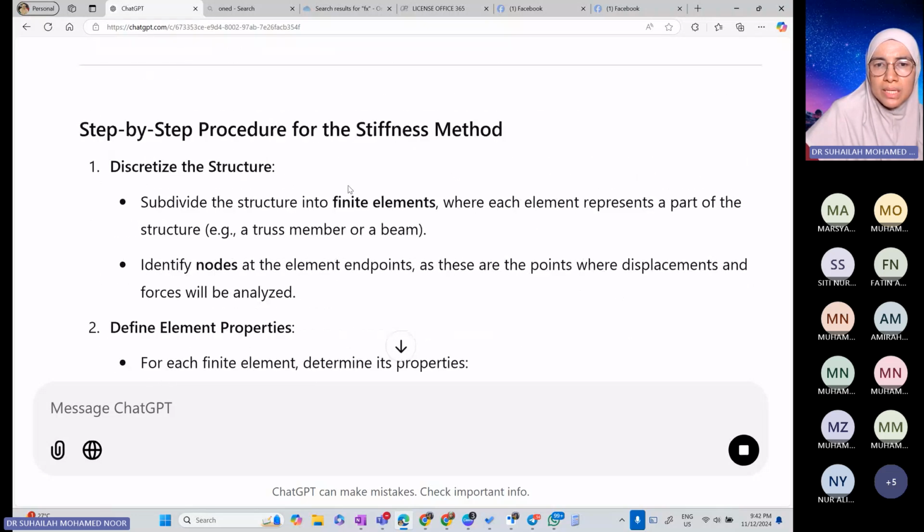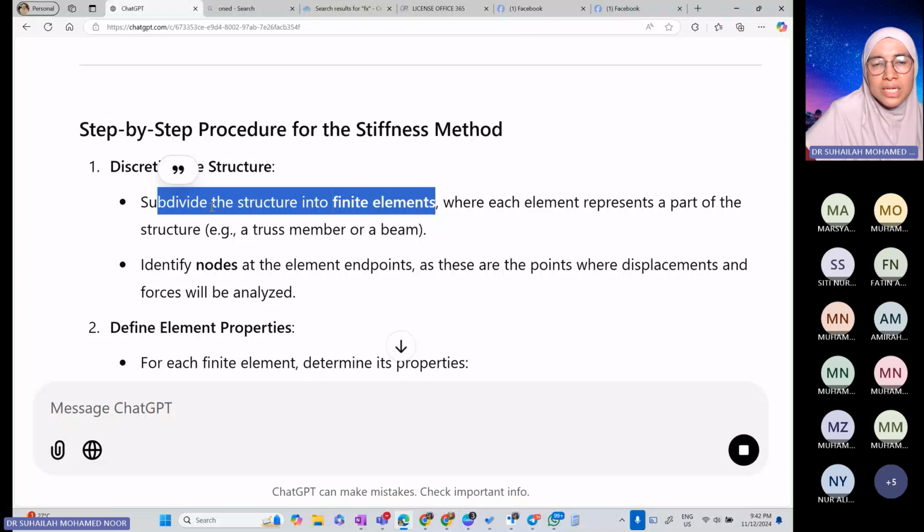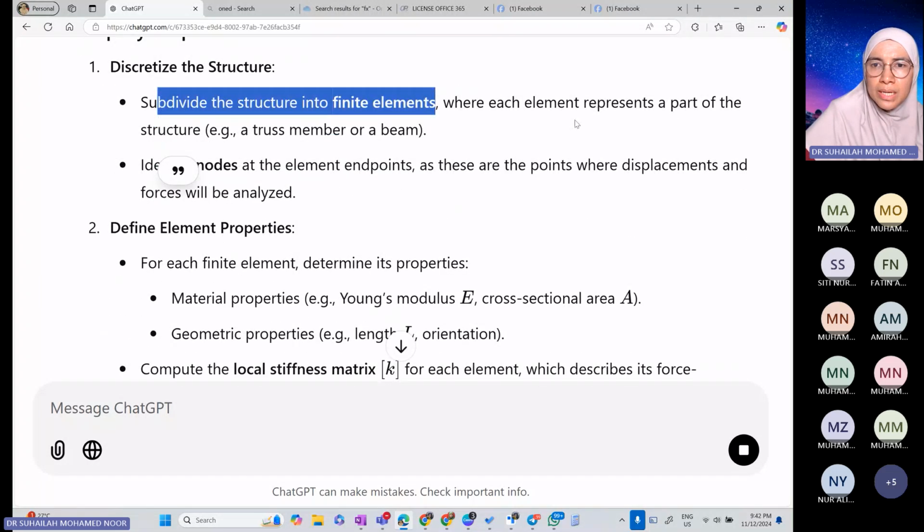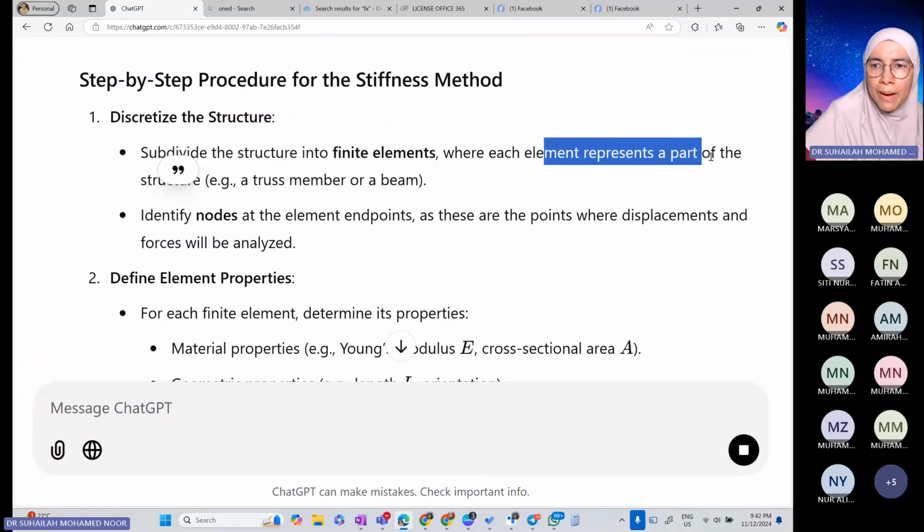For the stiffness method, the procedure, we need to divide structure into element. The same term. Divide structure into element. Maksudnya pisahkan daripada structure menjadi element. Element 1, element 2, element 3. Okay. So each element represent a part of the structure.